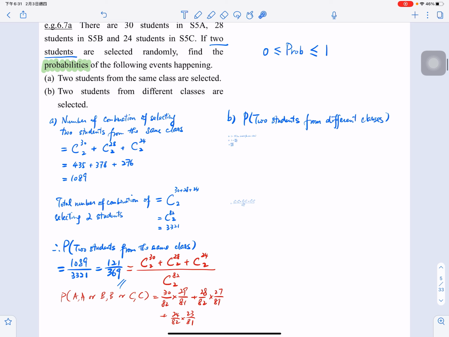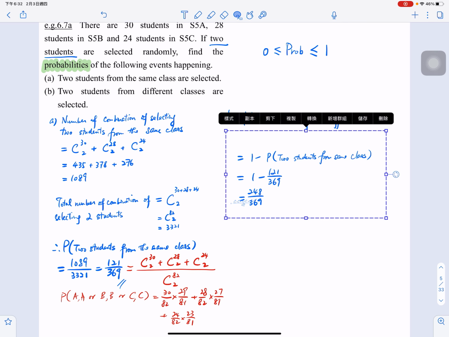Okay, part B, let's see. 2 students from different classes are selected. How to do it? Just now we counted the same classes. If we know about the same class, then if not the same class, that means different classes.